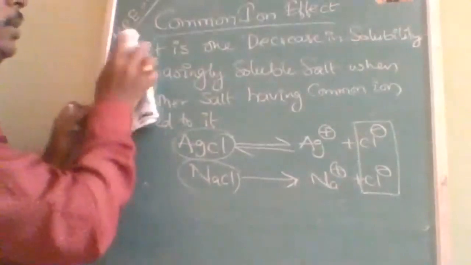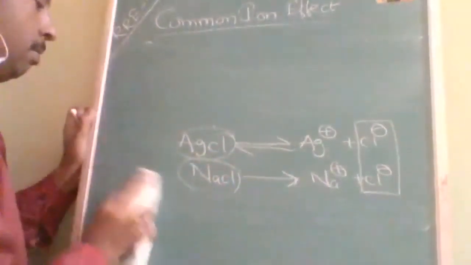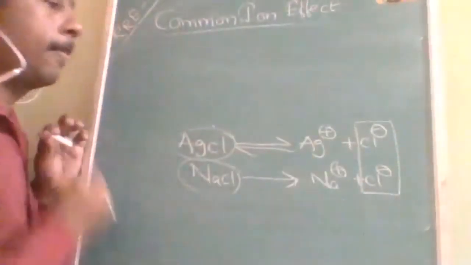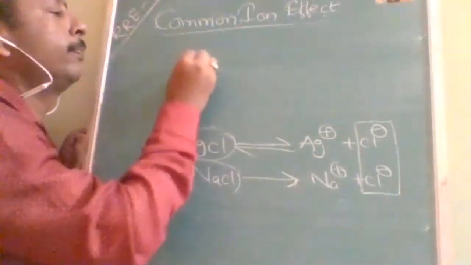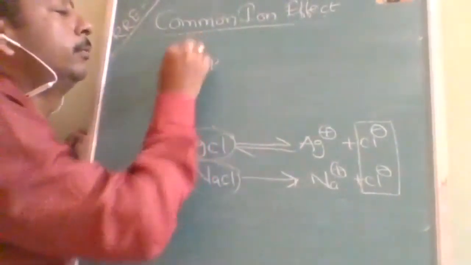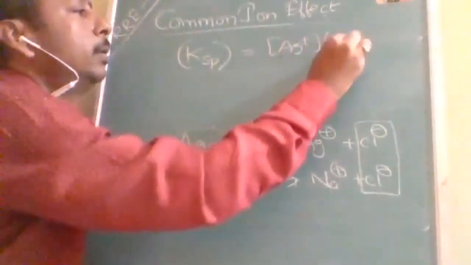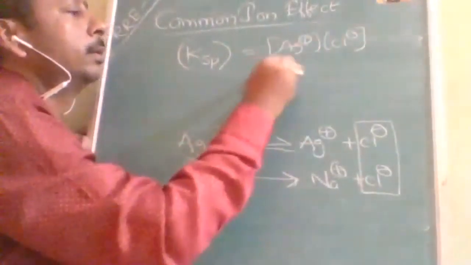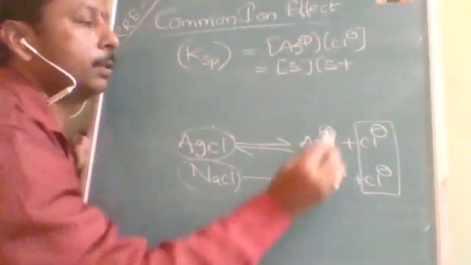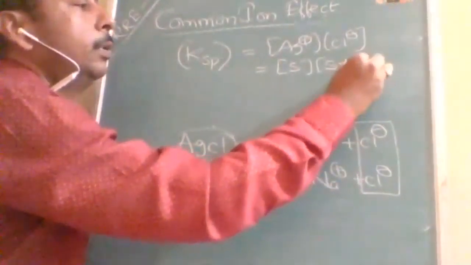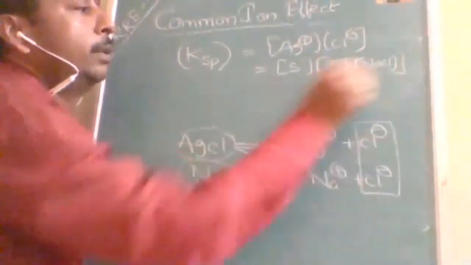Otherwise I will write it here also. Ksp of AgCl is equal to concentration of Ag plus into concentration of Cl minus. So here it is going to be S, and here it is going to be S plus the concentration of NaCl, because this is the major portion.